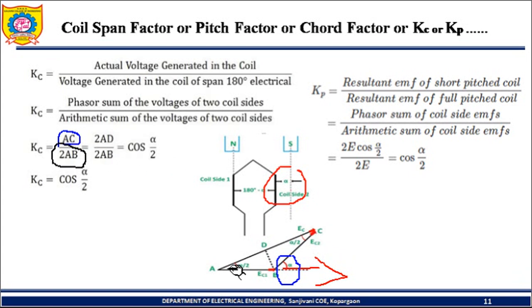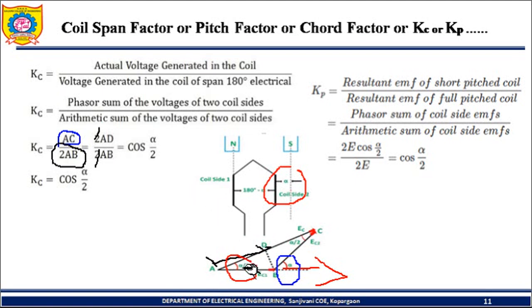That's why AC can be replaced by AD plus AD. So it will become twice AD and this will become twice AB. So the 2 gets cancelled and the remaining is AD over AB. AD is this and AB is this, and this is the angle alpha by 2.